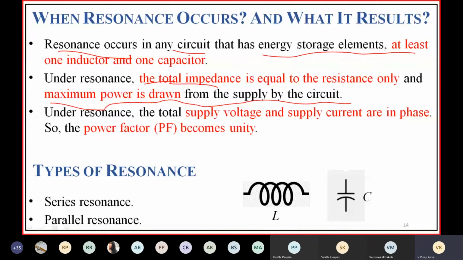Under resonance, the total supply voltage and supply current are in phase, because the circuit becomes resistive in nature. Take a series RLC circuit.